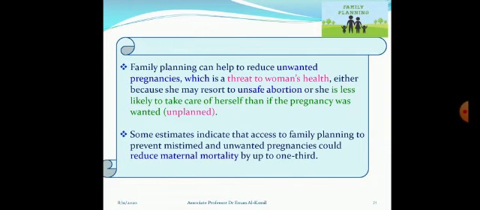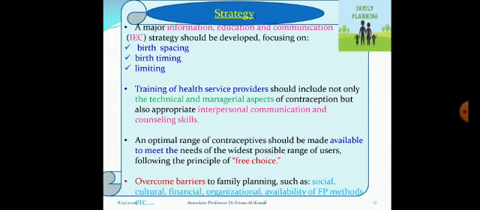Also, it is important to have a good family planning method because it reduces maternal mortality by allowing a longer birth interval. So it is important to provide information, education and communication.